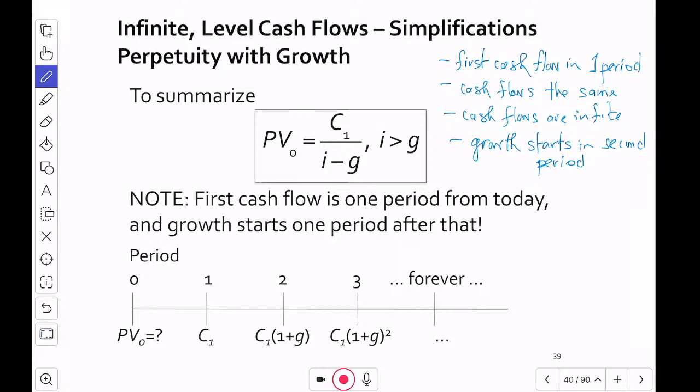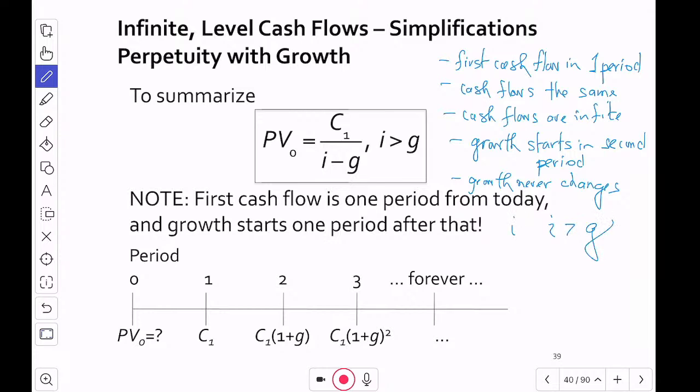And the growth never changes. It's always the same. All right, so those are the conditions for this formula. In addition, the formula only works if I is greater than G.